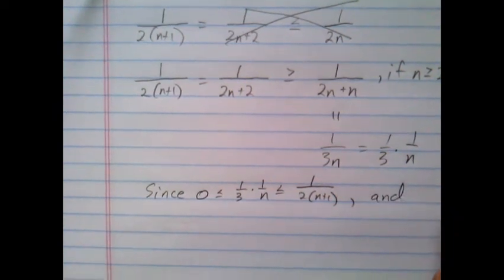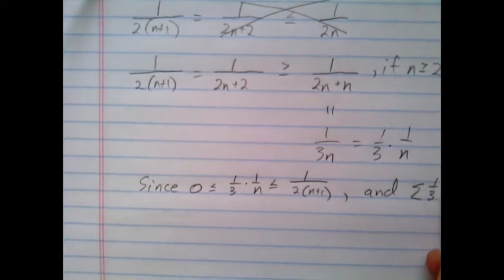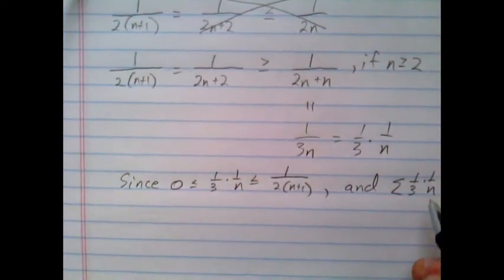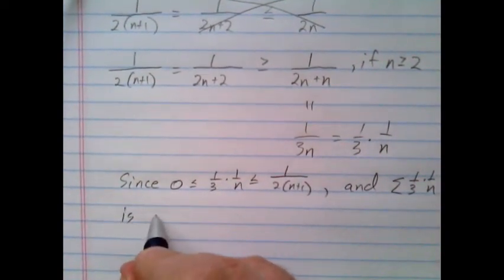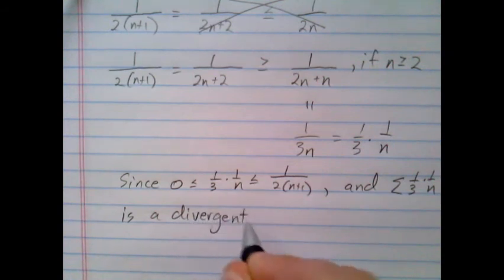Although I will say, the series where the nth term is 1/3 times 1 over n is a divergent p-series.